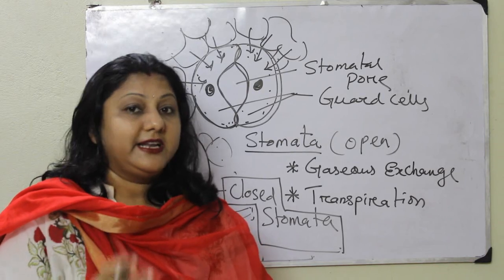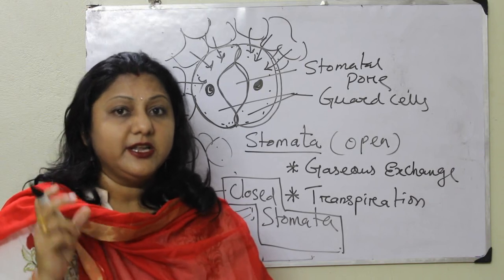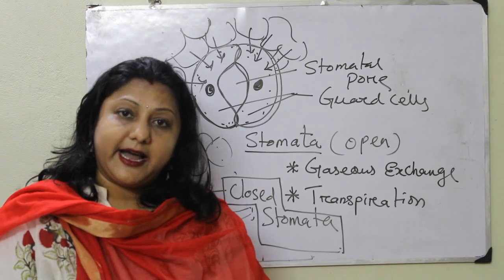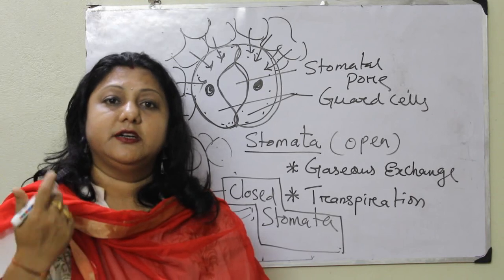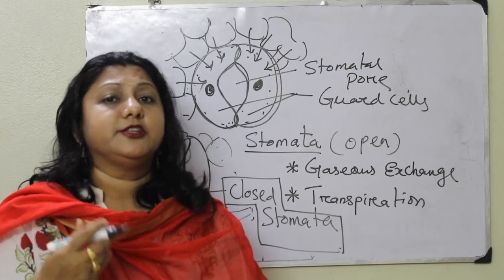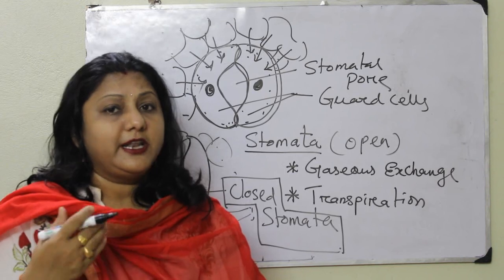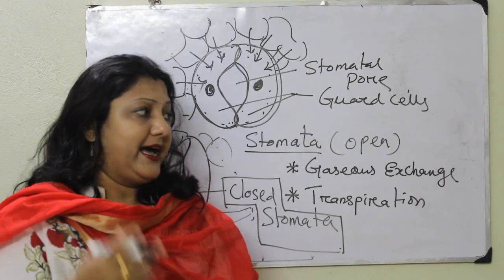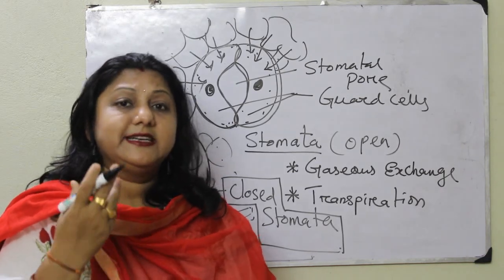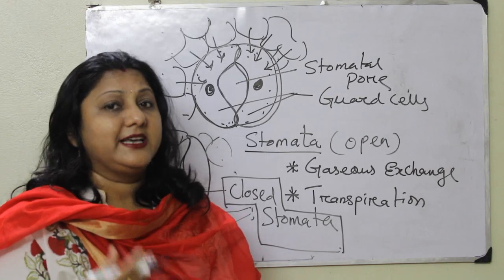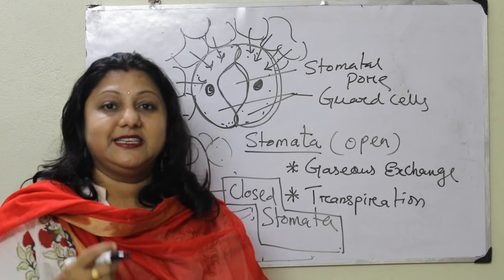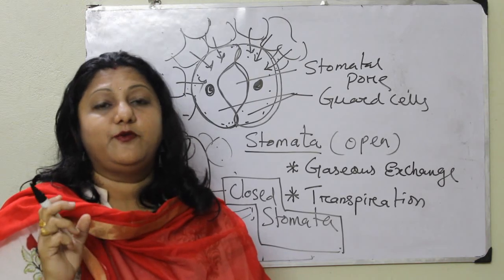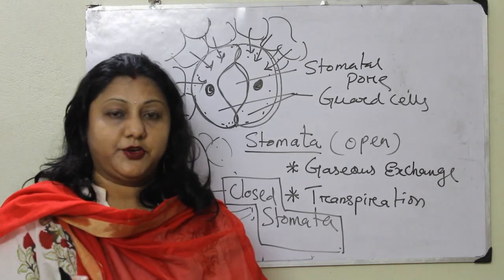So you have studied nitrogen fixation in class 9. This is carried out with the help of the bacteria Rhizobium, the nitrogen fixing bacteria in the root nodules of the leguminous plants, and the nitrogen is taken in by the plants in the form of nitrates and nitrites. These are the absorbable forms of nitrogen.